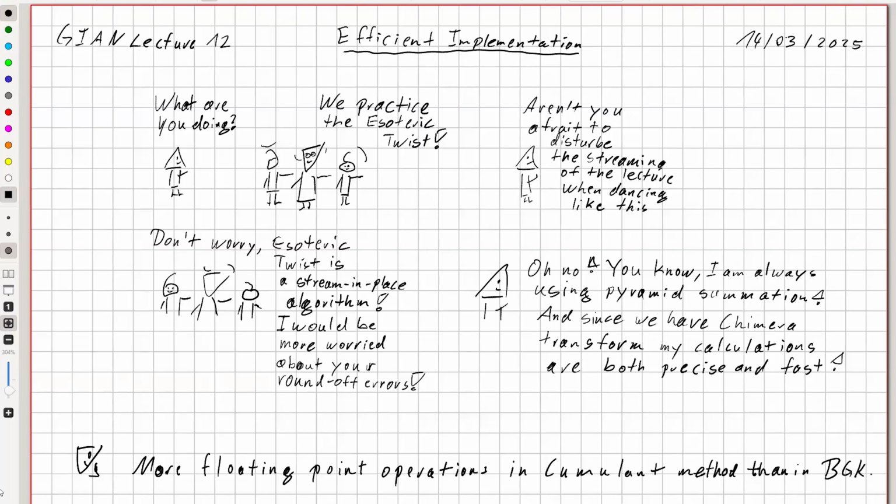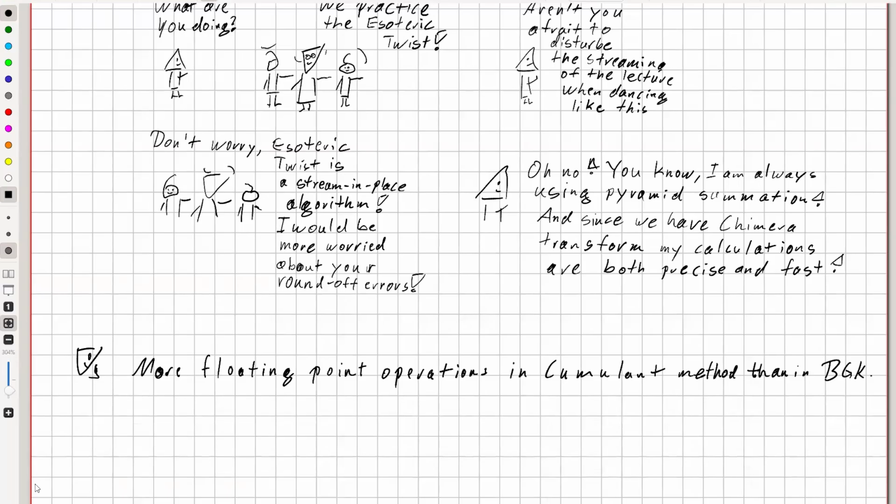So this has, of course, two consequences. The first is that this should be slower then. I mean, you do more work. As it turns out, this is not necessarily the case for the cumulant methods.